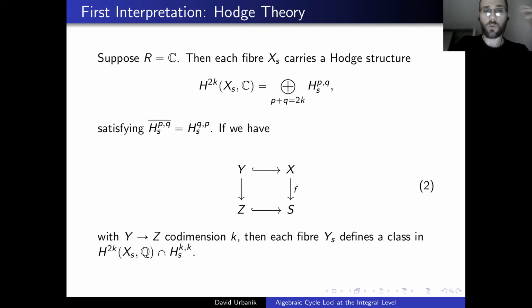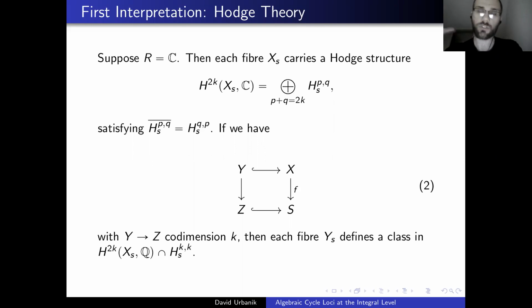And one way that you understand this kind of non-triviality condition is that these fibers Y sub S define rational classes in the cohomology. That's just a topological fact, but they also define a class in this middle piece of the Hodge subspace.